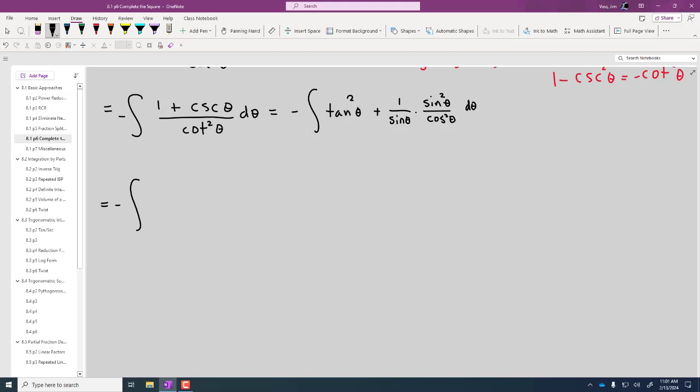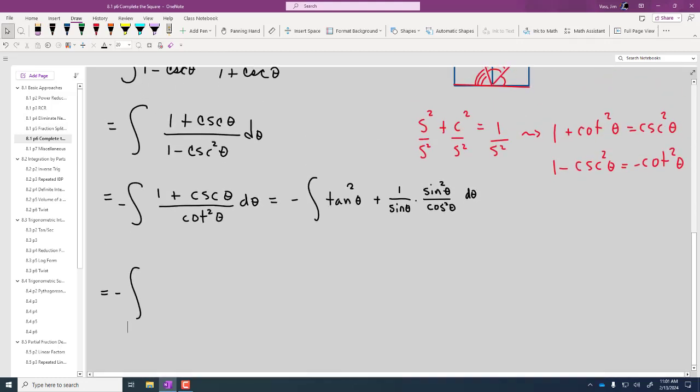So tan squared, let's rewrite that into secants. Obviously we could come up here and divide by, what would we divide by if we want to get secants? If we divide by cosine squared, we'll get this. So if we divide everything through by cosine squared, sine squared over cosine squared is tan squared.